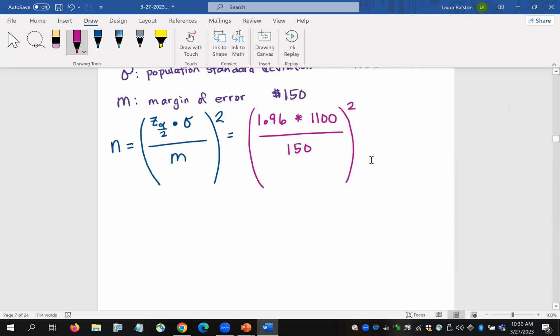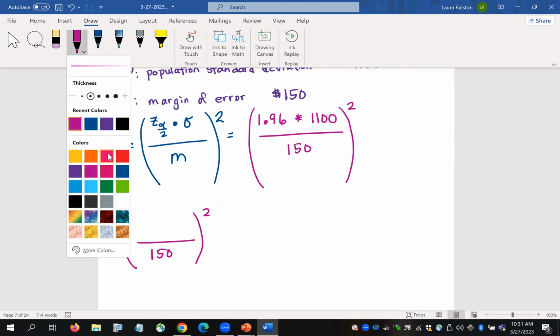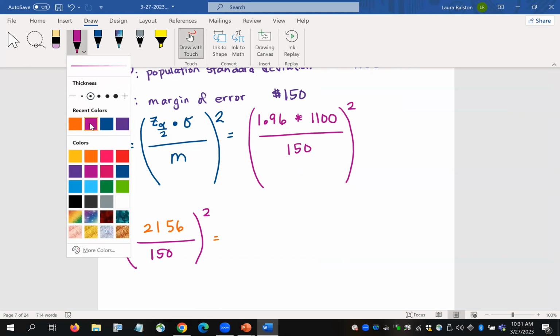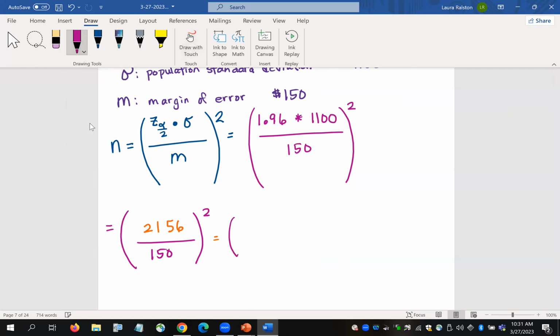Again, the key thing here is following those order of operations. And the first thing I'm going to do is I'm going to multiply 1.96 times 1,100. And when I do that, I get a value of 2,156. Then I'm going to divide 2,156 by 150, which is my margin of error.